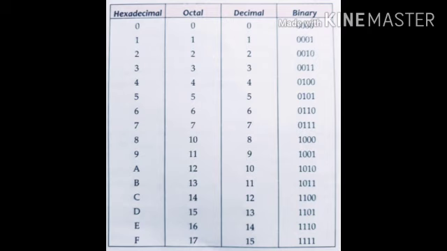If we look into the octal number system, up to 7 it is similar, but as soon as the decimal number system goes to 8, its equivalent in octal is 10. Very similarly, if in decimal we go from 9 to 10, its equivalent in hexadecimal is A, then B and C.